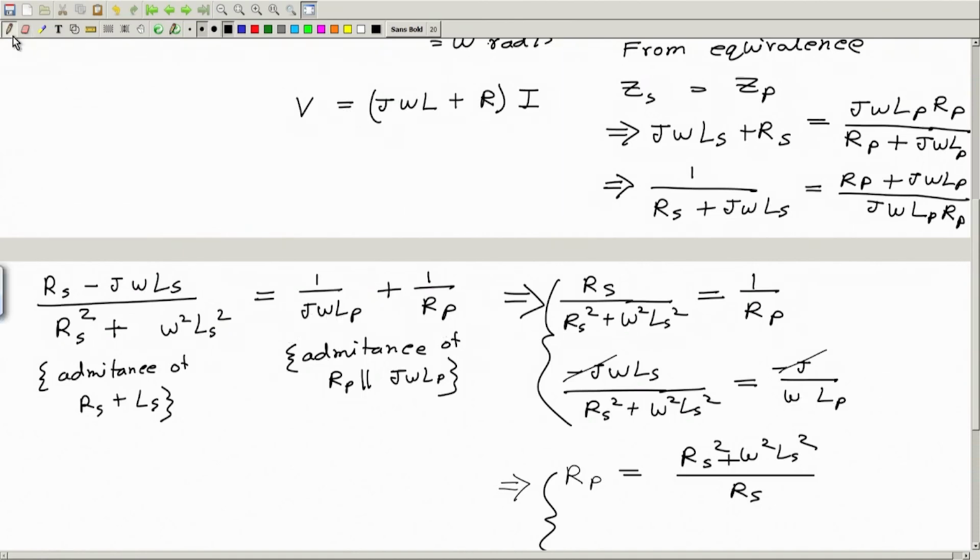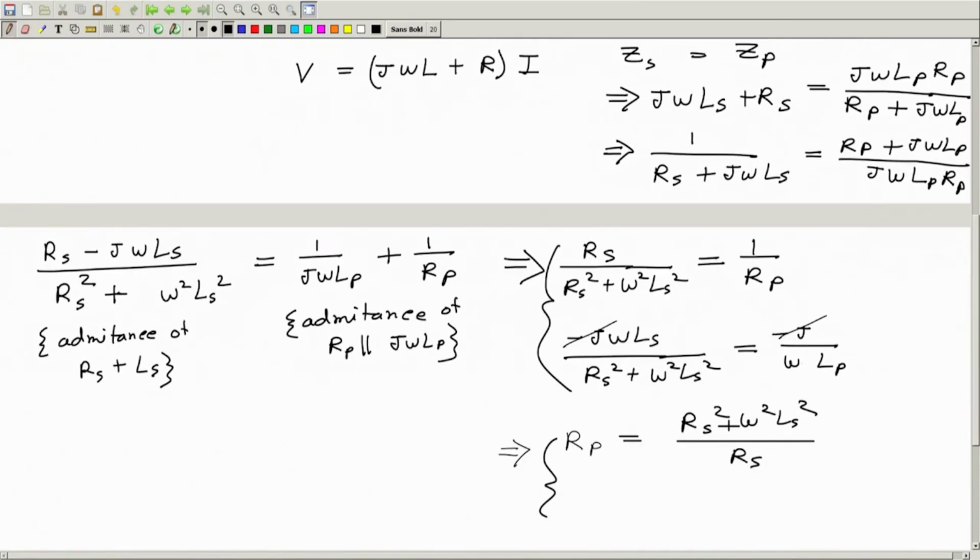So, always I suggest that you check my calculation. If I do any mistake, you just correct it yourselves. So, here from this we can write Lp is equal to Rs square plus omega square Ls square whole divided by omega square Ls.